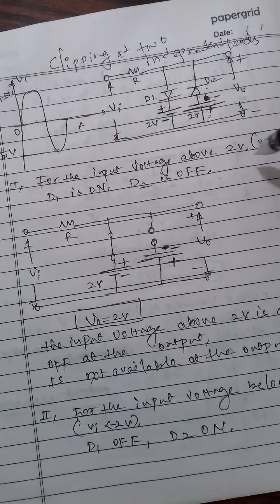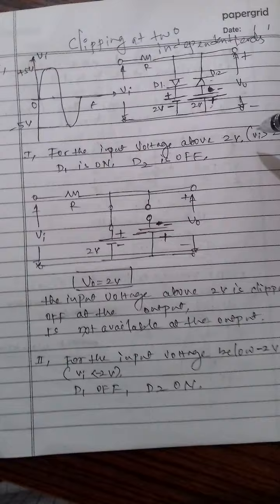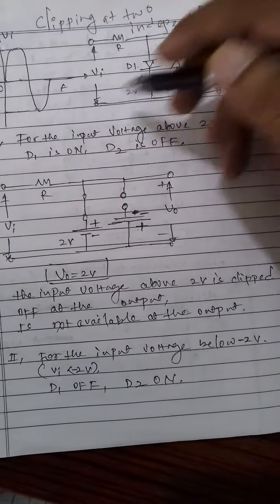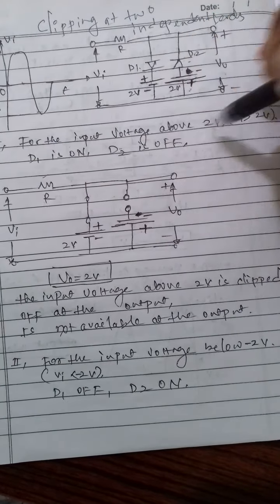For the input voltages above 2 volts, D1 is on, D2 is off.